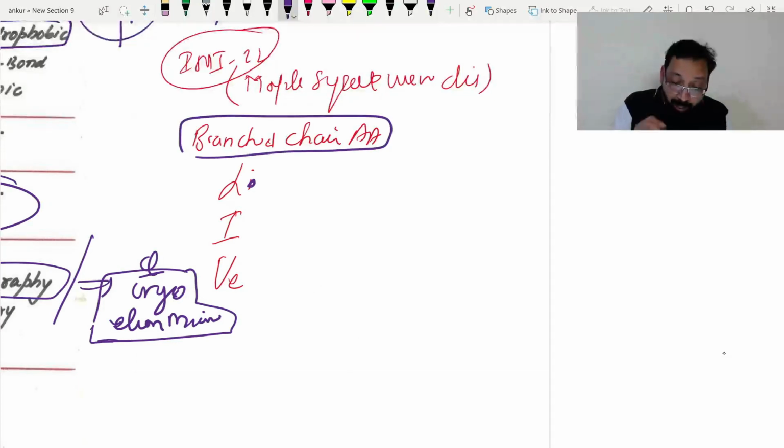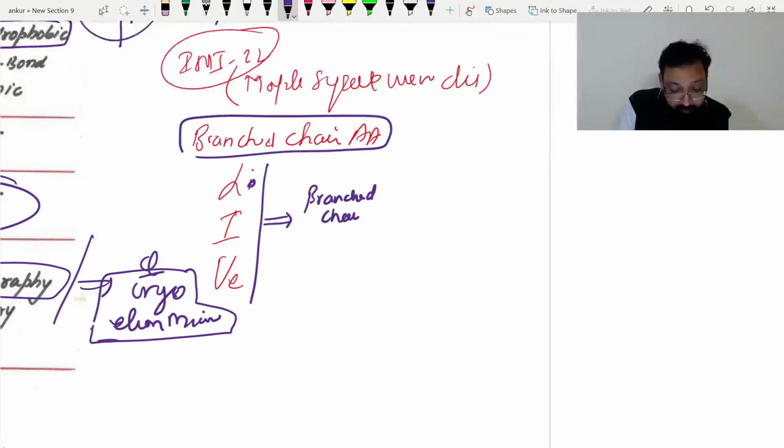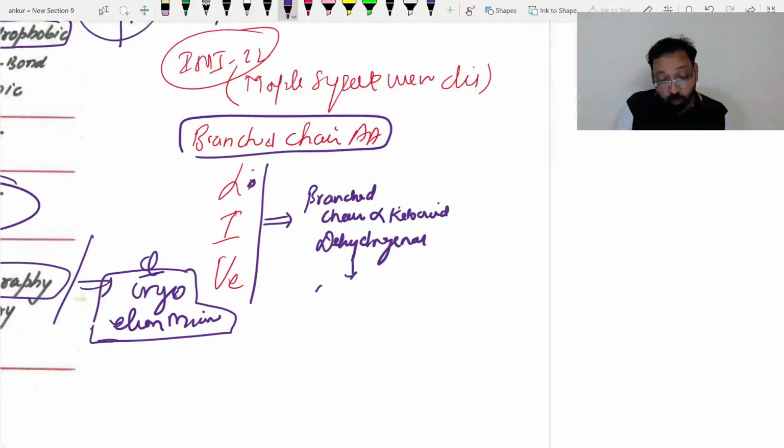Okay, and normally they are metabolized by branch chain alpha keto acid dehydrogenase, and this enzyme catalyzes oxidative decarboxylation.